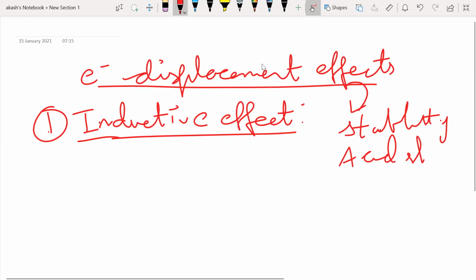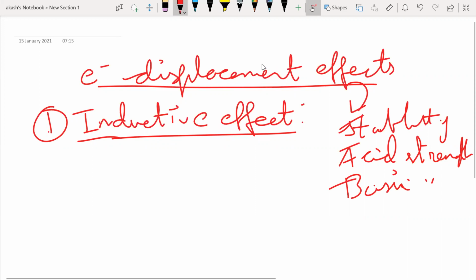If I give you different acids, with the help of these effects we'll be able to say this is a better acid, this is a weaker acid. And also I can talk about the basic strength of different bases. These three are what we'll mostly see, and if there is anything else, I'll let you know.